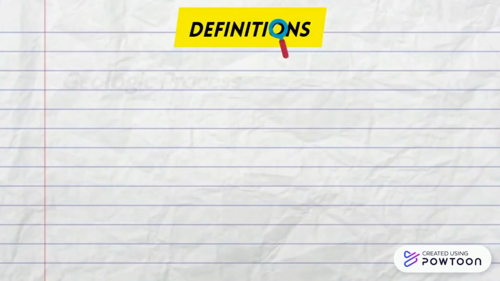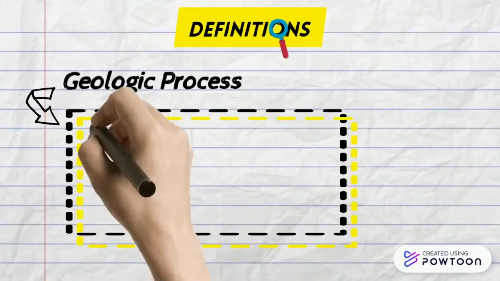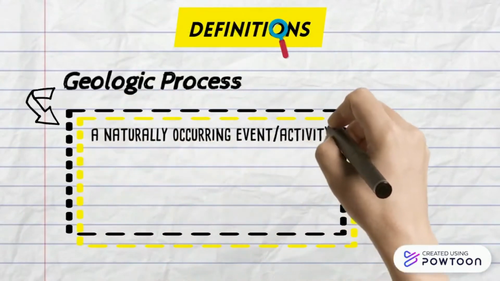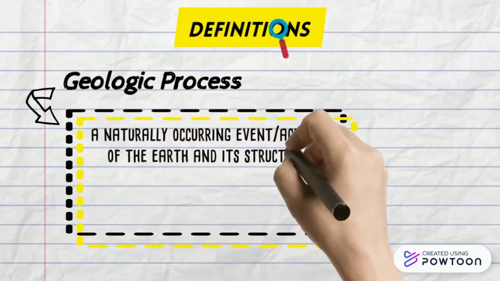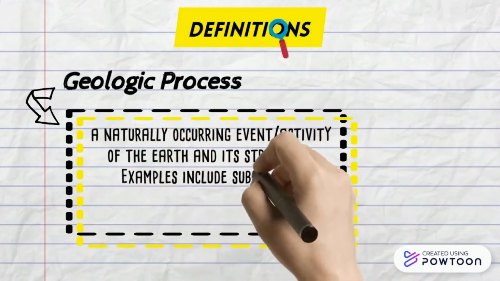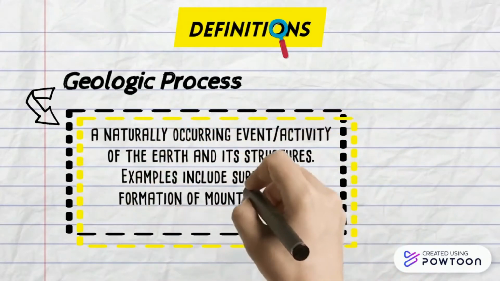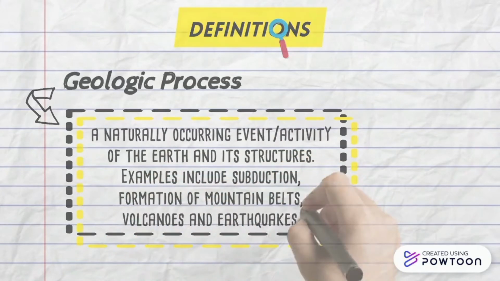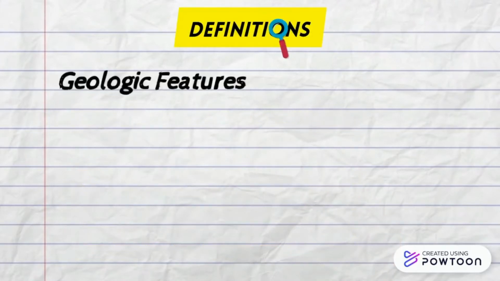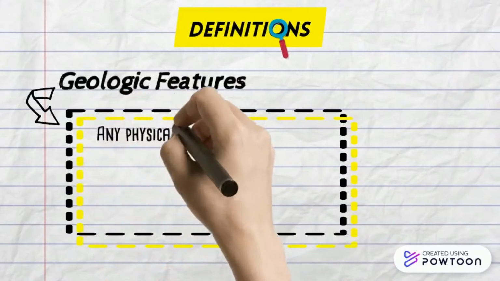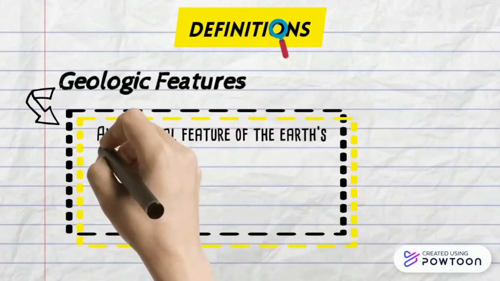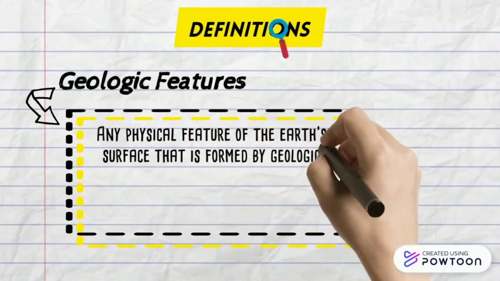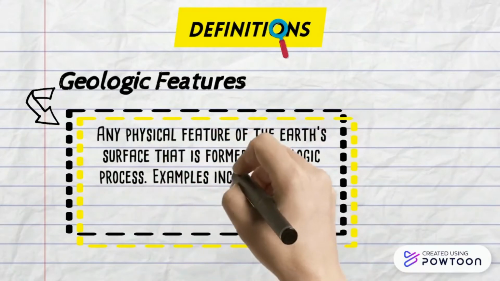Definitions: geologic process, a naturally occurring event or activity of the Earth and its structures. Examples include subduction, formation of mountain belts, volcanoes, and earthquakes. Geologic features: any physical features of the Earth's surface that is formed by geologic process.